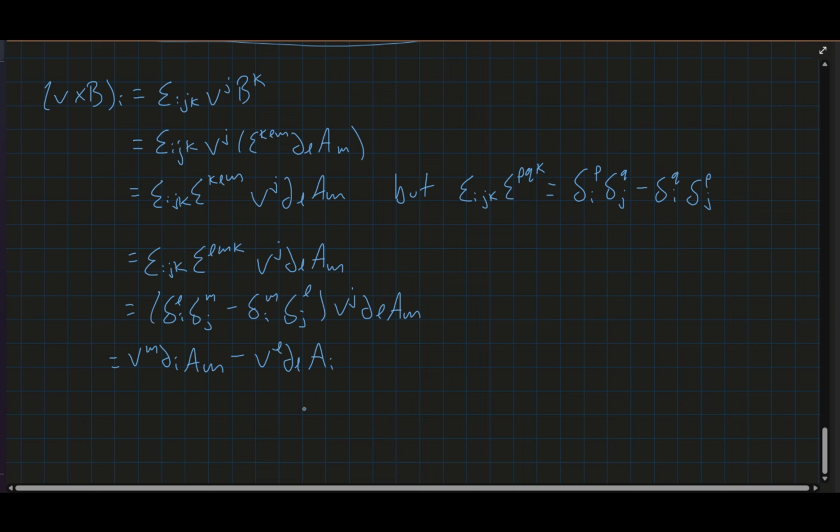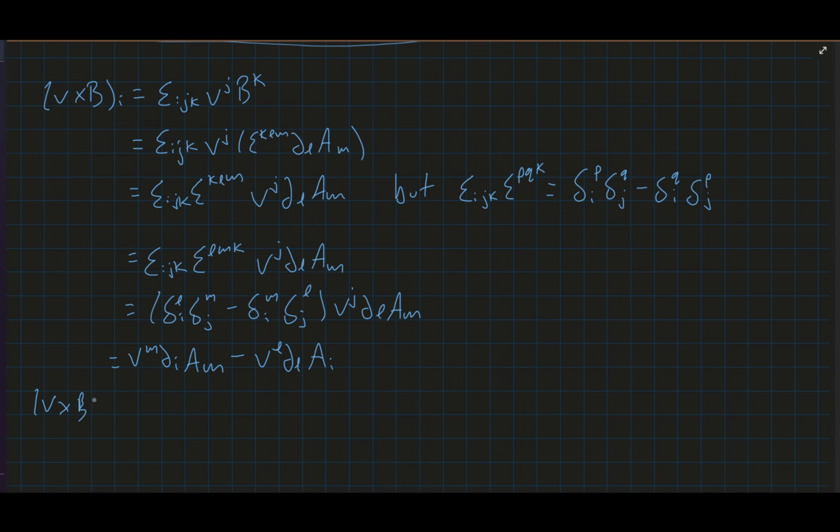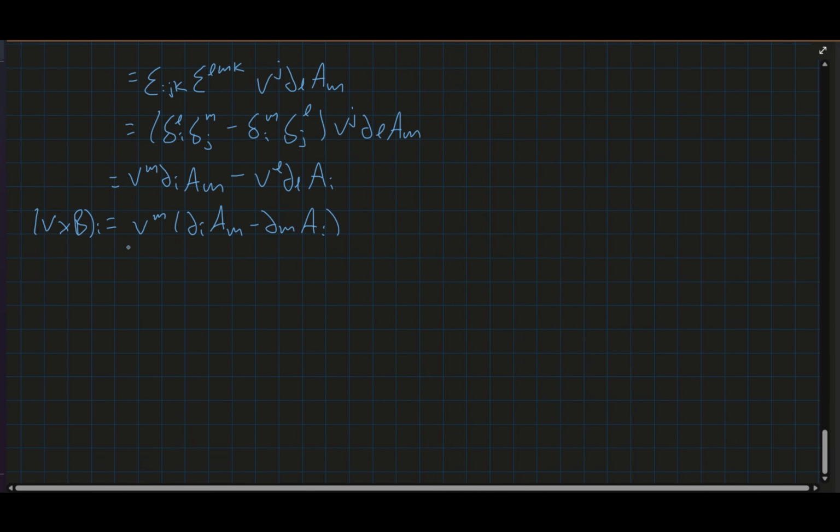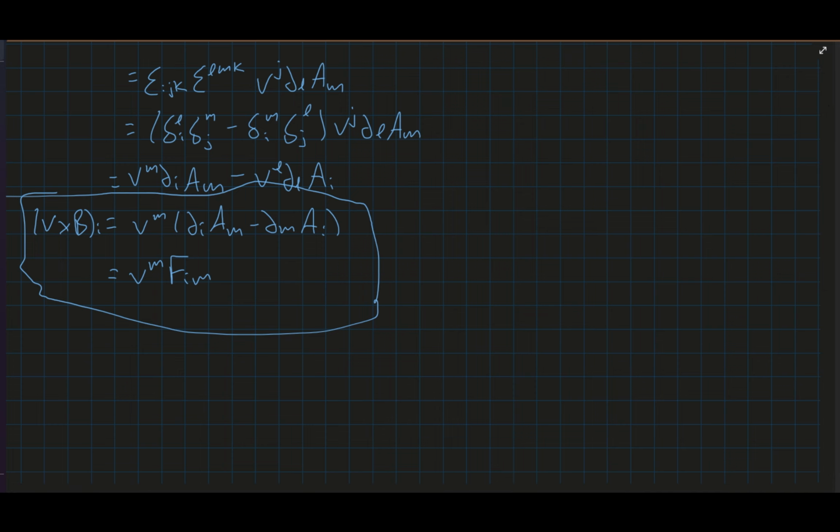So finally, we can clean up a little bit. (V cross B)_I is simply, pulling out the V_M, del_I A_M minus del_M A_I. Or if you like, remembering the definition of the electromagnetic tensor from above, you could do it this way as well. So we're essentially at the end of the problem now.